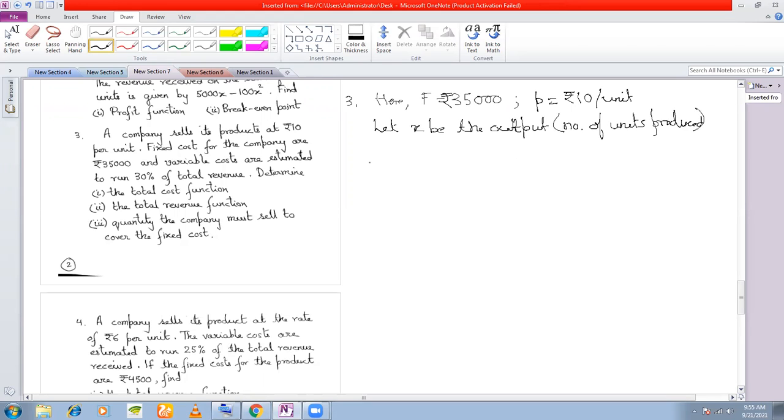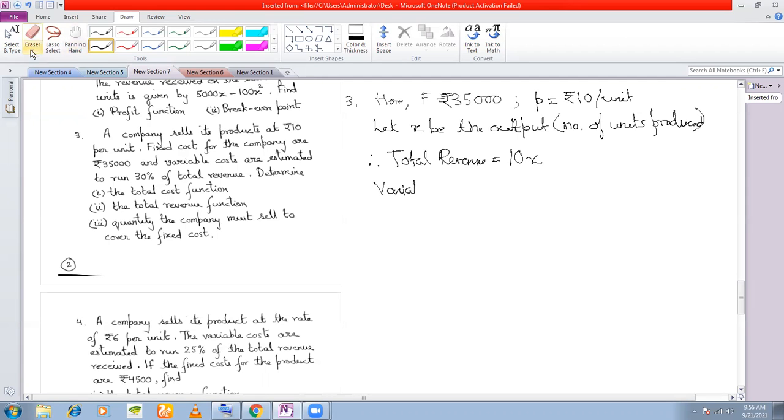Right. So therefore, what is the total revenue? Total revenue: rupees 10 per unit is the price per unit, X units of output. That means if you are producing X units, you are selling X units also. So total revenue will be 10X. And it is given that variable cost is 30% of total revenue.